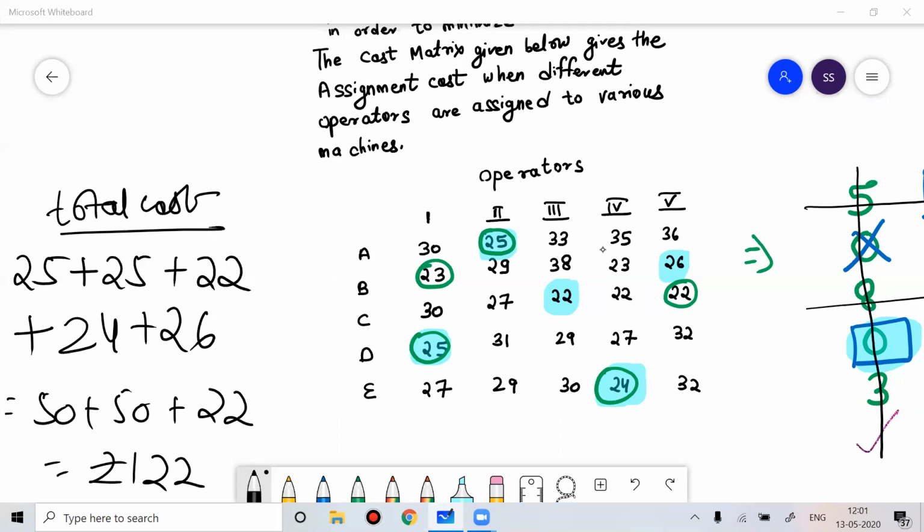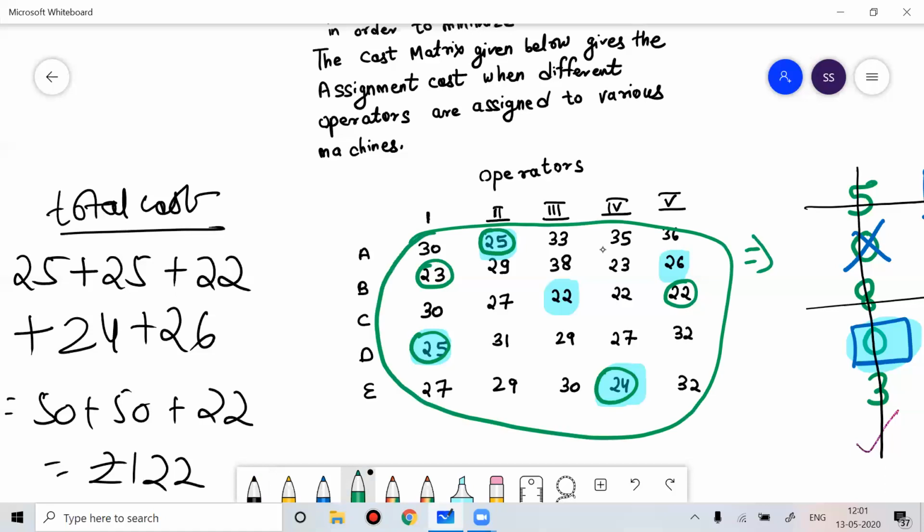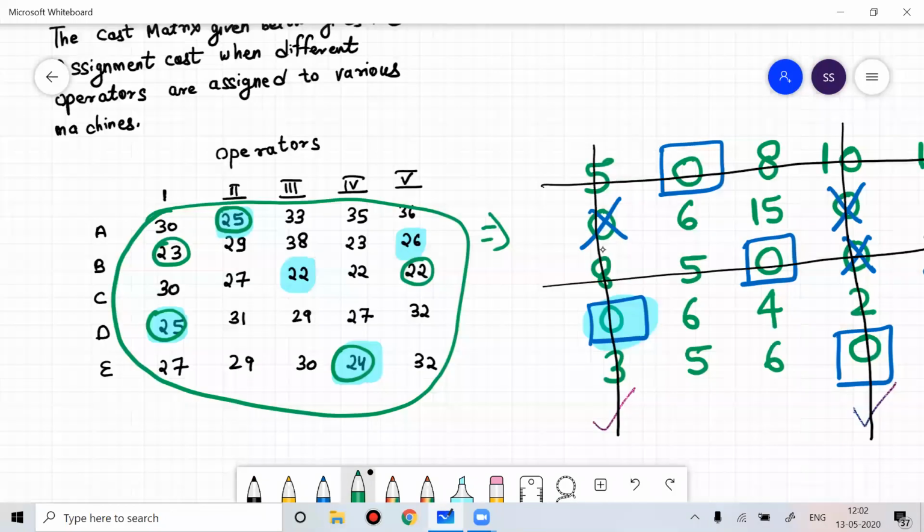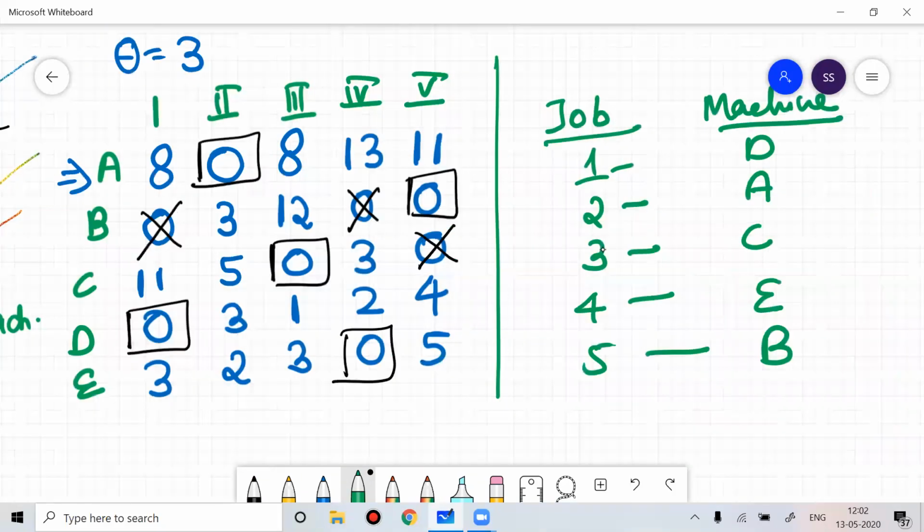What are these elements? What do you see inside this matrix? These elements are the cost to do the work. I don't know where you are getting confused. If you see, this is your final allocation.